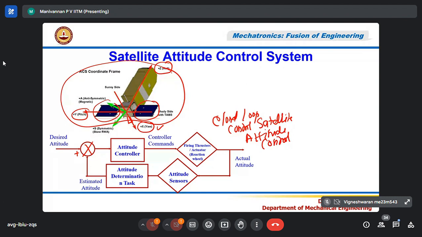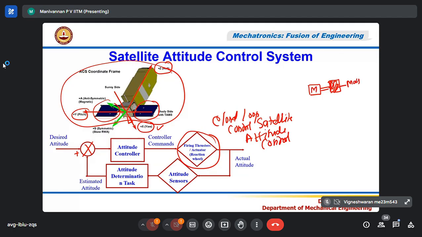There are two types of controls here. In a very small satellite, you will not have thrusters. Instead of rockets, what you call reaction control wheels will be there. Reaction control wheels mean that with respect to the x, y, z axes, there will be three motors. There's a motor, and on its side there's a solid cylindrical mass.